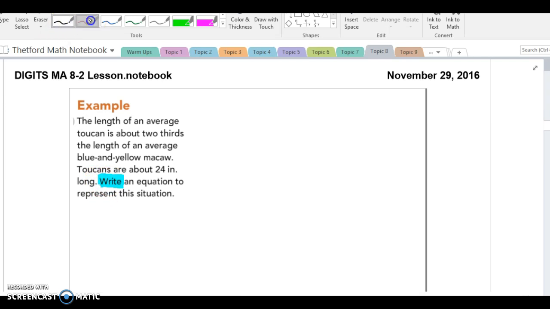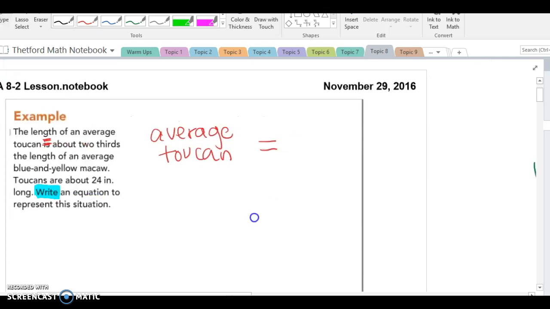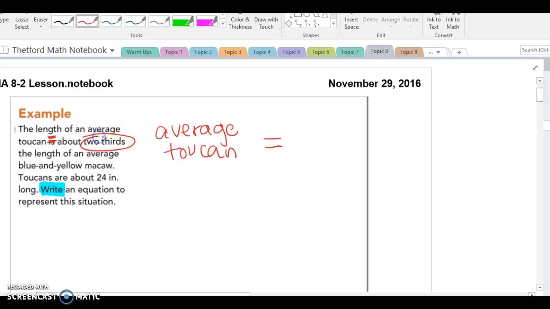So let's go through and annotate this word problem. The average length of a toucan. So we know that there's going to be some length of a toucan. And it is, and we know that actually means equal. So I'm going to put an equal sign right above the is, because I know that the average toucan equals about 2/3.